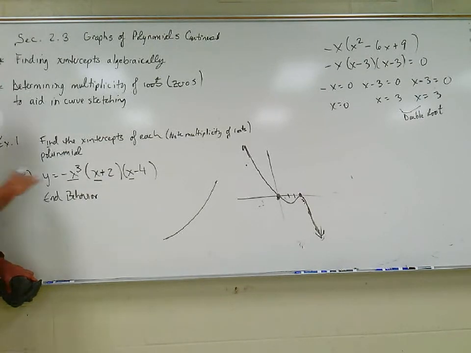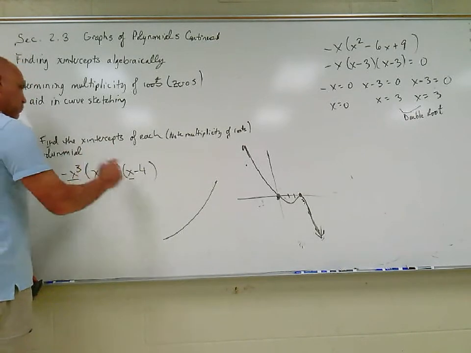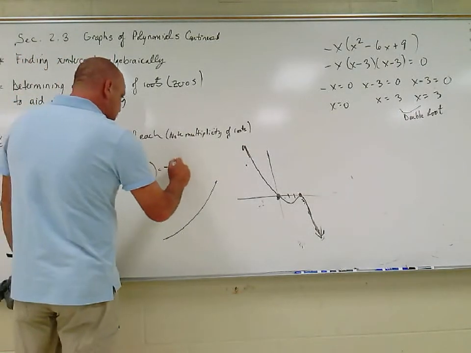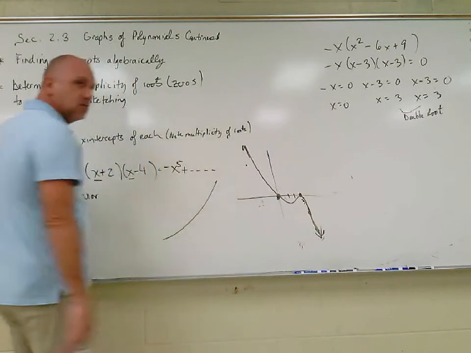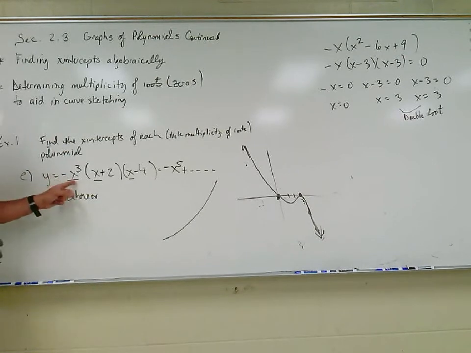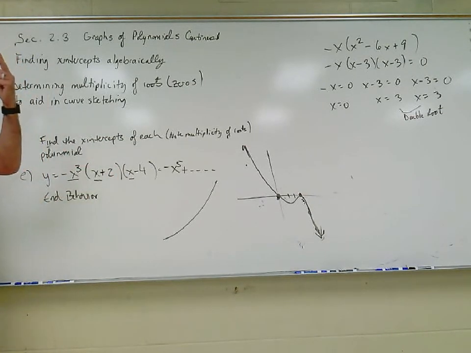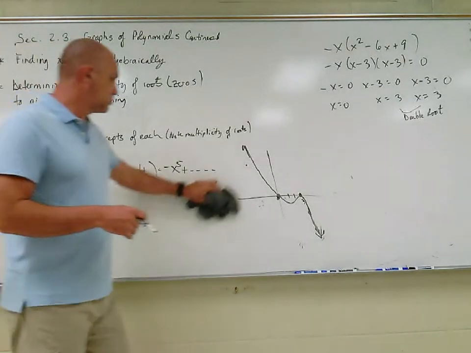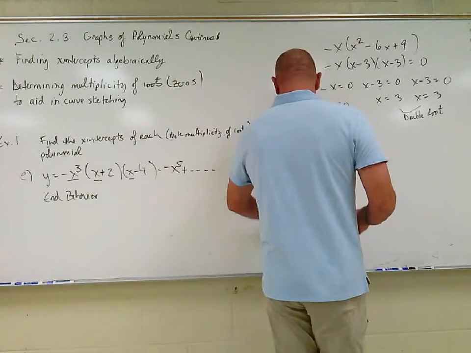Because if you were to expand this, which we don't want to do, it would be negative x to the fifth plus dot, dot, dot. So I don't care about the rest because I just care about that biggest term. Can everybody foresee that if we were to expand this, when I multiply, these two x's would multiply to give an x squared, and x cubed times x squared, you add your exponents.